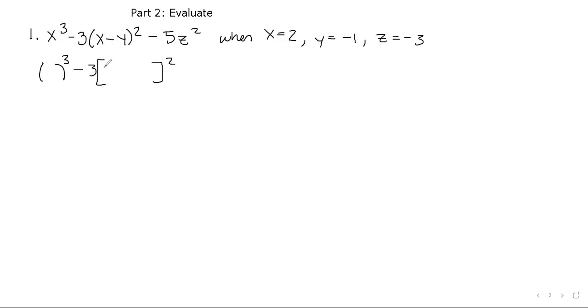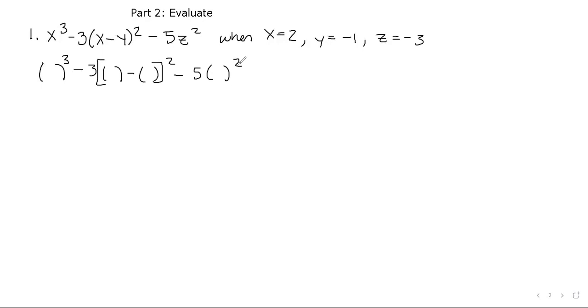And I'm going to leave a space for that x and leave a space for the y. So what you want to do is copy the whole problem. Make sure you copy it correctly and leave spaces so that you can add those values in, okay?